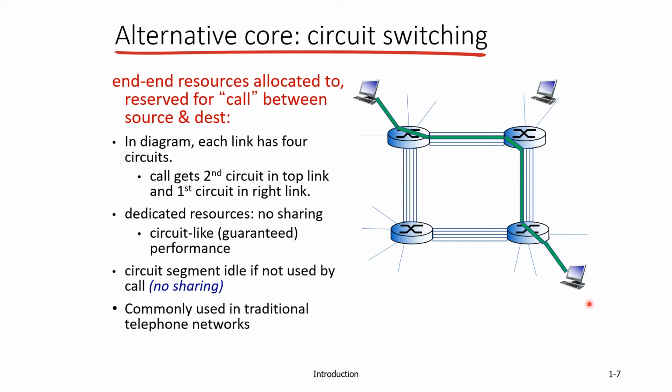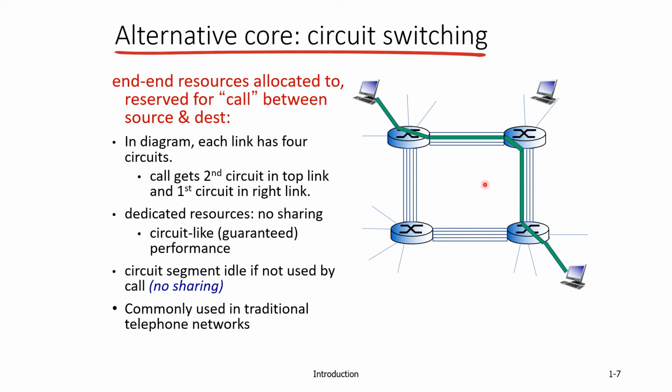Now because there is no sharing, the number of resources needed to connect any two end systems via a circuit switching network is directly proportional to the number of devices that are actively transmitting and receiving on that particular network.